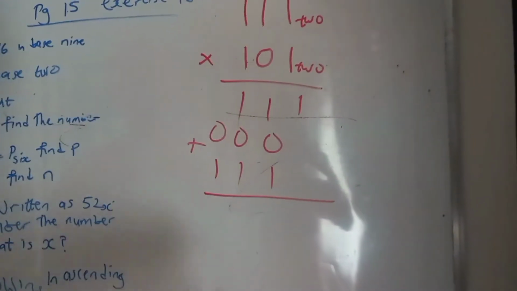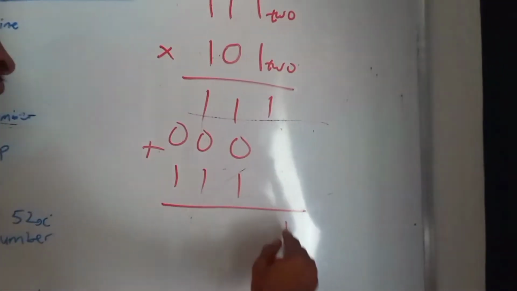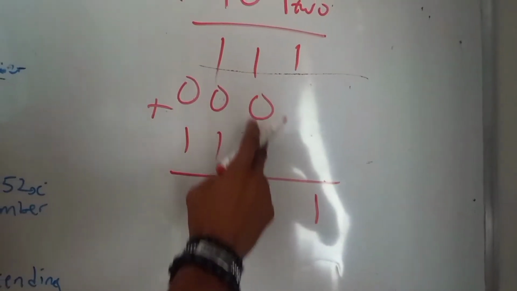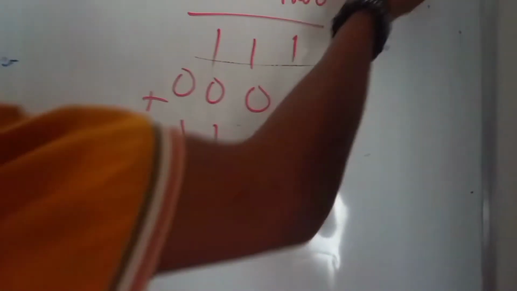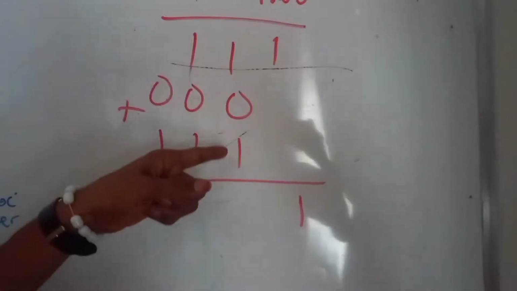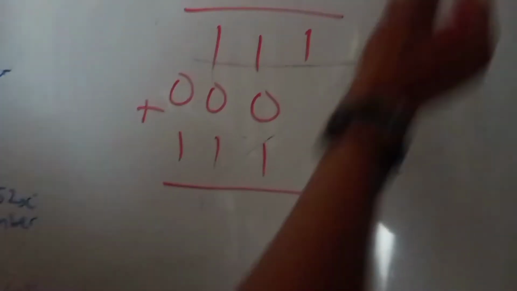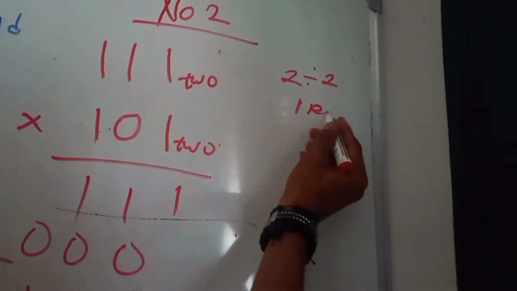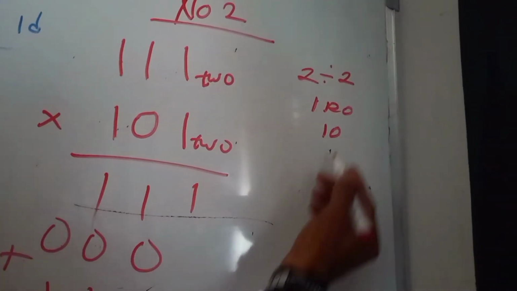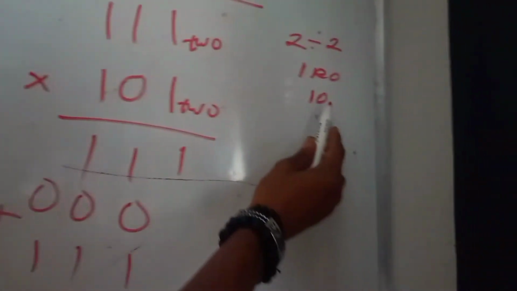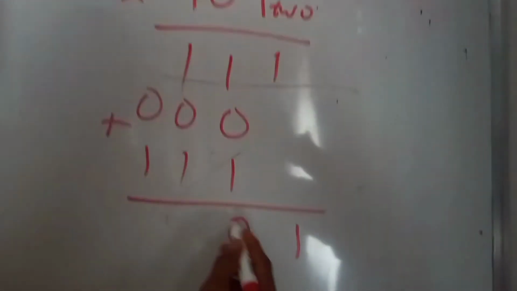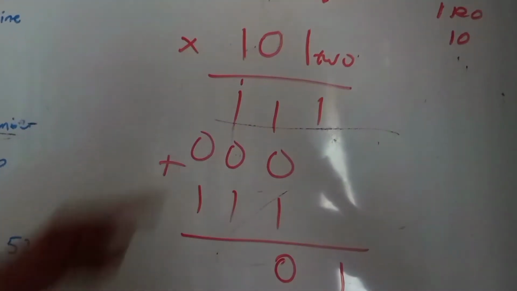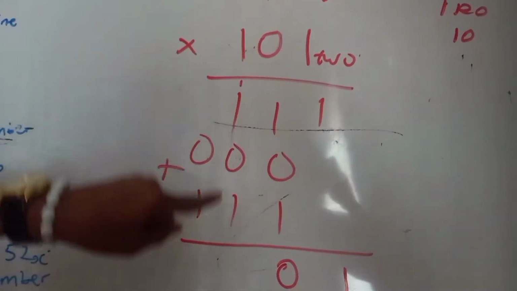Don't forget this is a binary number. So 1 plus 0 is what? Is 1. 1 plus 1 is 2. So we can say that 1 plus 1 is 2, because it's in base 2. So 2 divided by 2 is 1. Remember 0. So you have 10 here, right? So we collect this 0 here and write it down here. Remember 1. So 1 plus 1 is 2, plus 1 is 3.